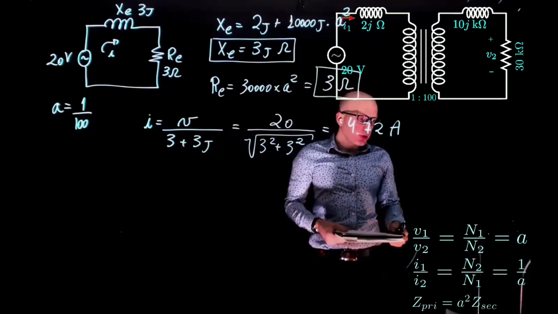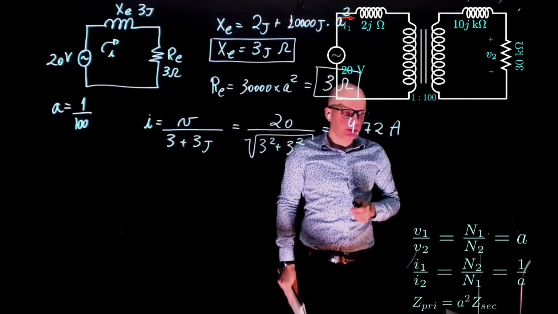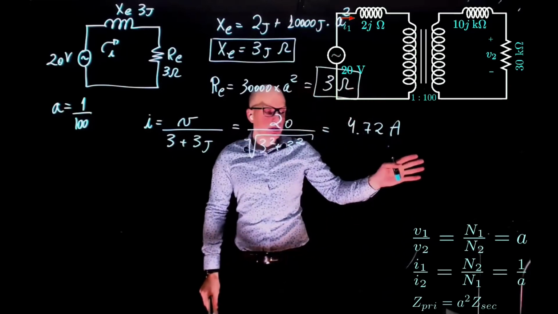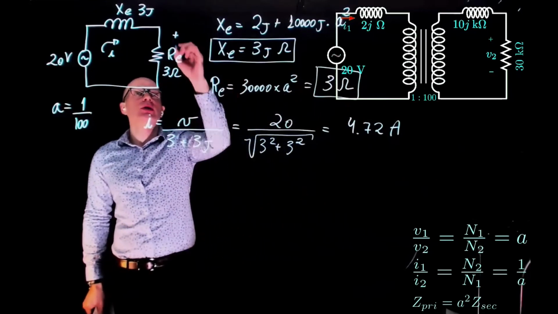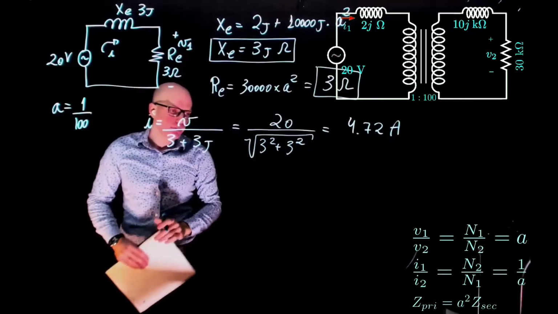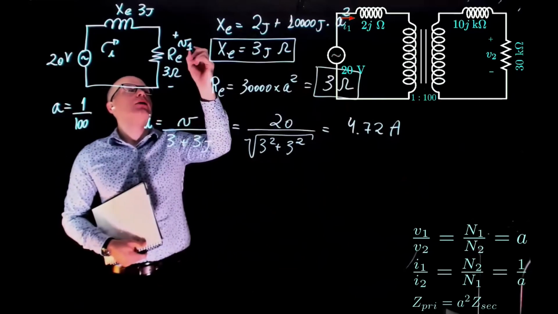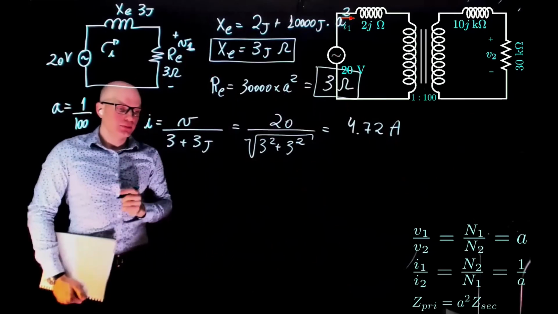What is the voltage across the load now? What is the voltage across the 30 kilo ohm resistor? Well, let's start with the voltage across this 3. Let's call this VL. Is it the current times RE? Exactly.